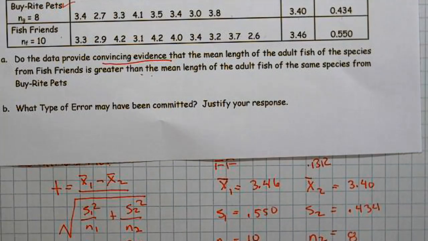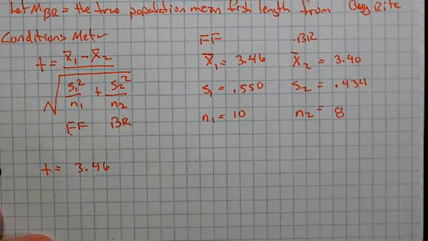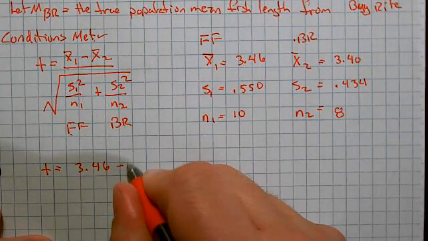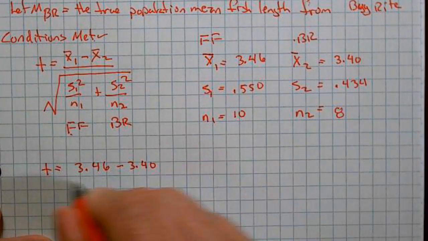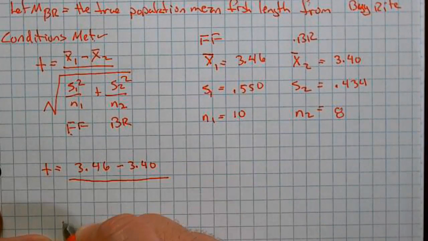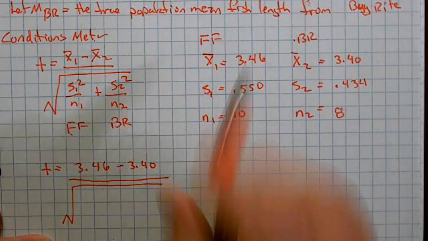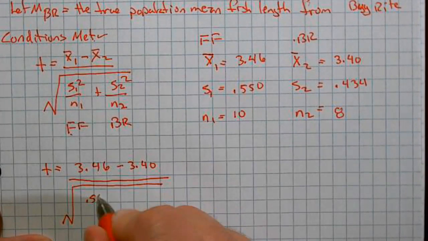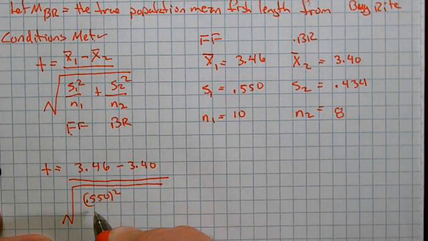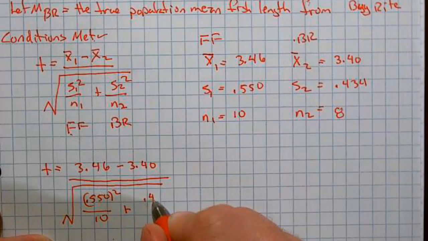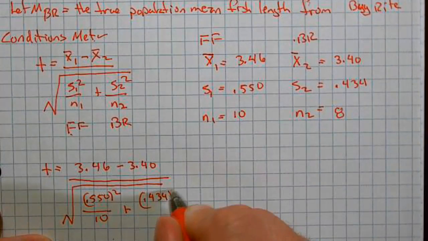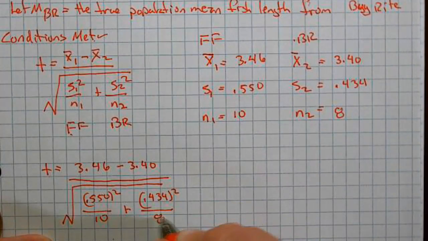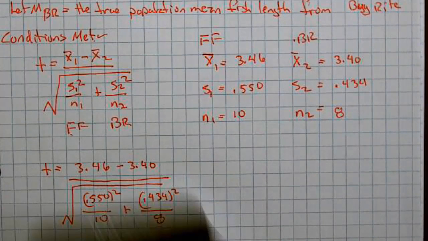So t equals 3.46 minus 3.40, over the square root of 0.550 squared over 10 plus 0.434 squared over 8.